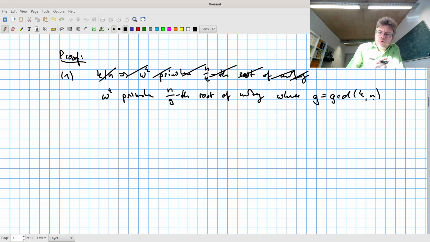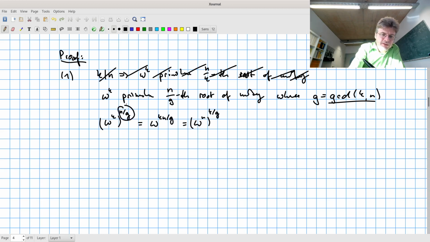Okay, so in order to see this, it suffices to first see that it is an n over g's root of unity. So omega to the k to the n over g, what is this? This is omega to the k n over g, and now you move the g to the k, because g divides both k and n, so you can write this as omega to the n to the k over g.